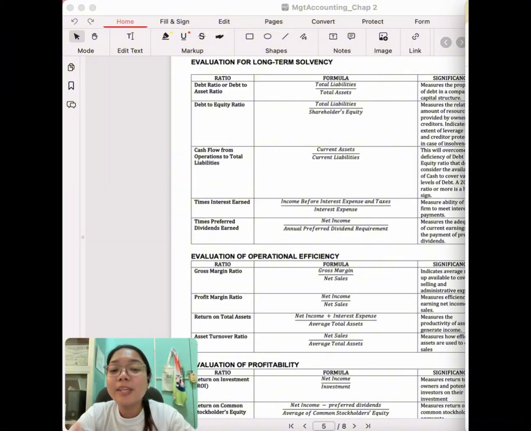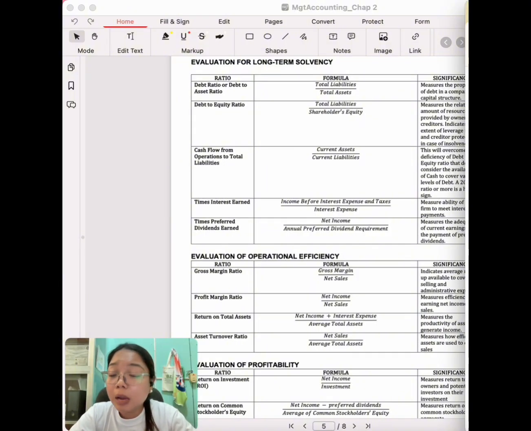Okay? Then we have cash flow from operations to total liabilities. So this ratio looks at operating cash flow in relation to liabilities. So dito sa module natin, it describes as helping overcome a limitation of ratios such as debt to equity because those ratios do not directly consider the availability of cash to cover debt.